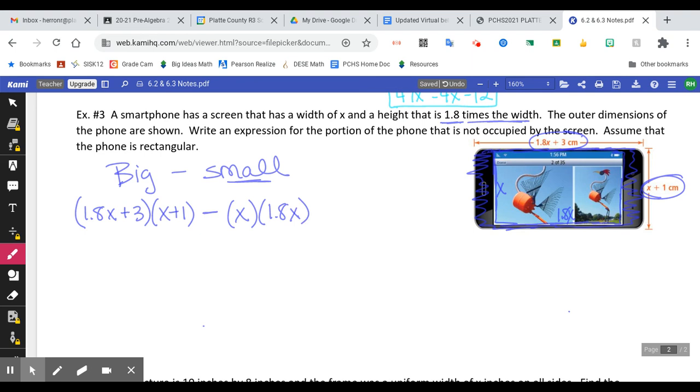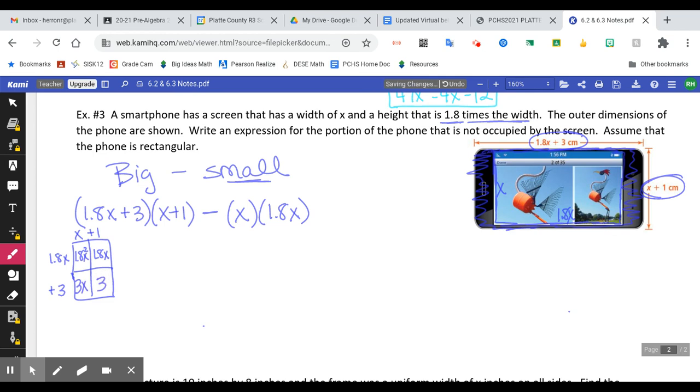If you want to do a little box for this one, we can do that. x plus 1 and 1.8x plus 3. Either way, it doesn't matter which way you work it. This gives me 1.8x squared, 1 times 3 is 3x... 1.8x times 1 is 1.8x, 3 times x is 3x, and 3 times 1 is 3.